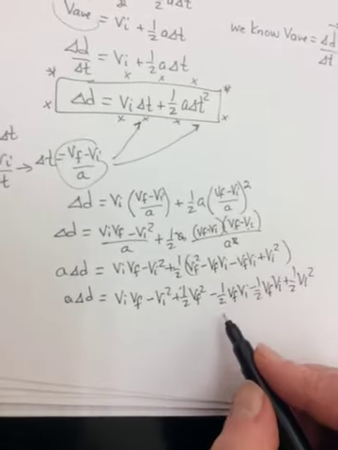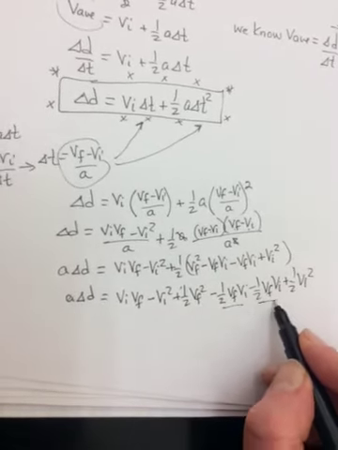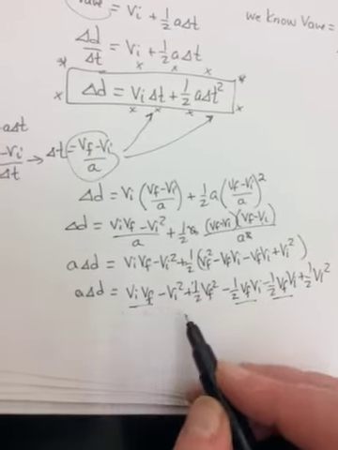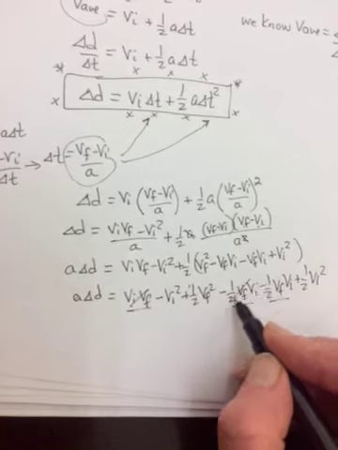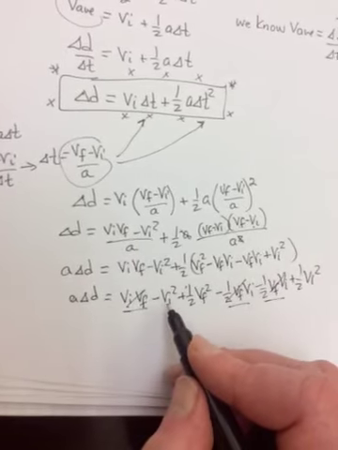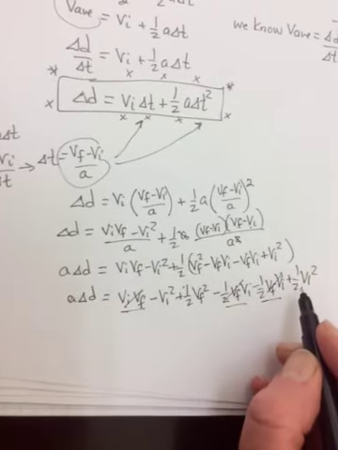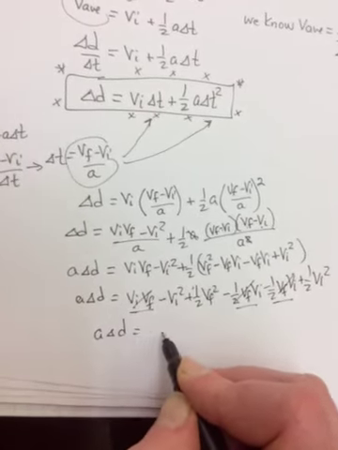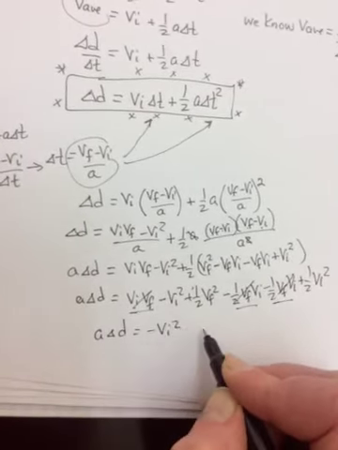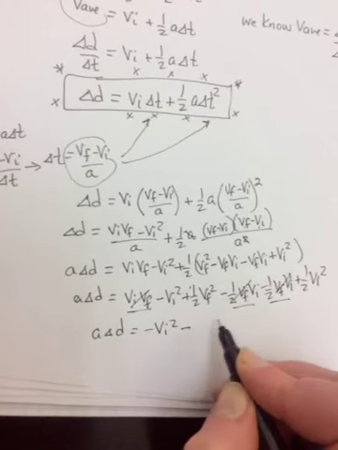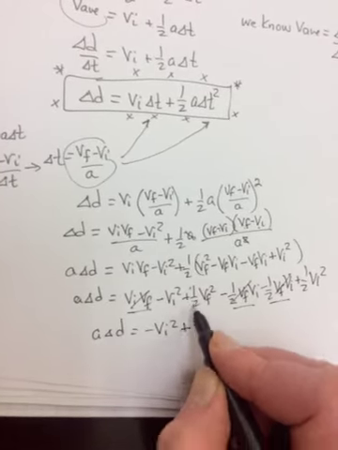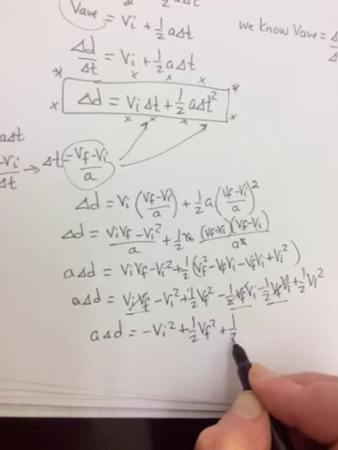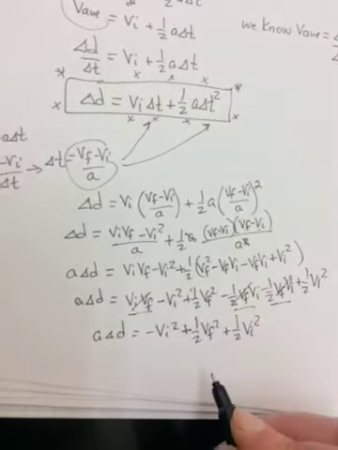Okay, so look at this: minus 1/2 vf vi, minus 1/2 vf vi, and a full vf vi or vi vf. These are going to cancel each other. Now I have a negative vi squared, and okay, so now I have a delta d is equal to negative vi squared plus 1/2 vf squared plus 1/2 vi squared.